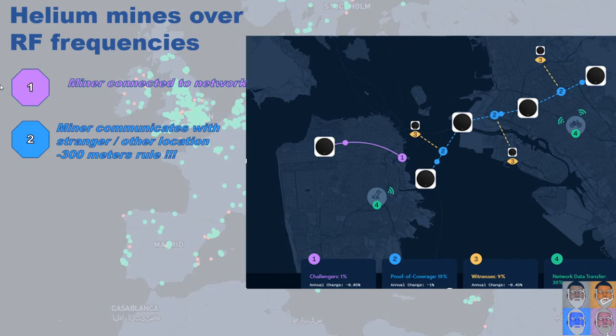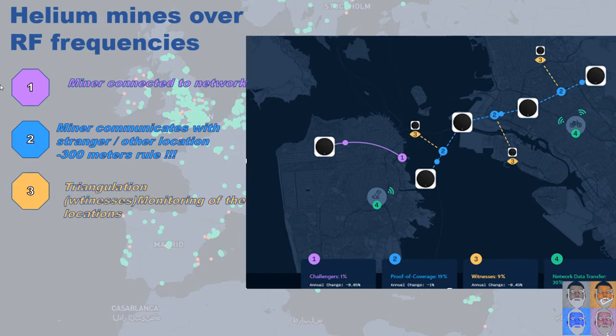So it would be like 6 Helium a month at the moment if you just connect it to the internet, and if you have a proof of coverage, then it would be in my mind around 120 Helium tokens.